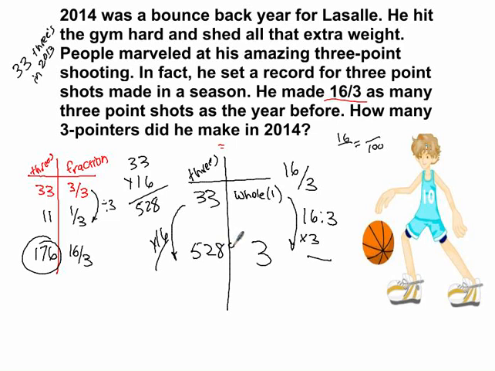This isn't a unit rate yet, it's a ratio of 528 to 3. So if we want to get this back to a unit rate, we have to get this per 1, so we have to divide each side by 3. And 528 divided by 3 is 176. So that's another way you could solve this problem, and this one is probably the most important one in the video.